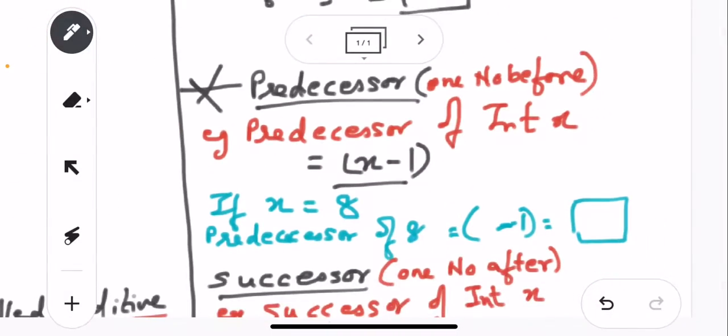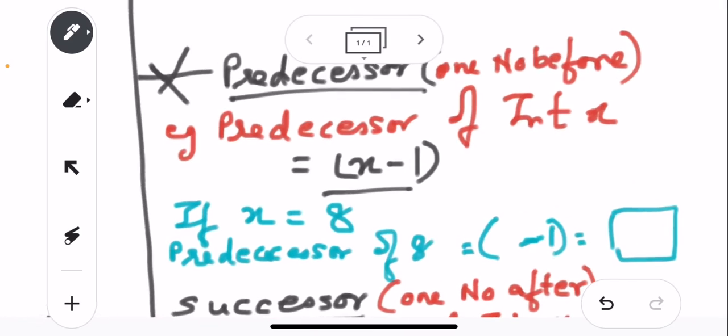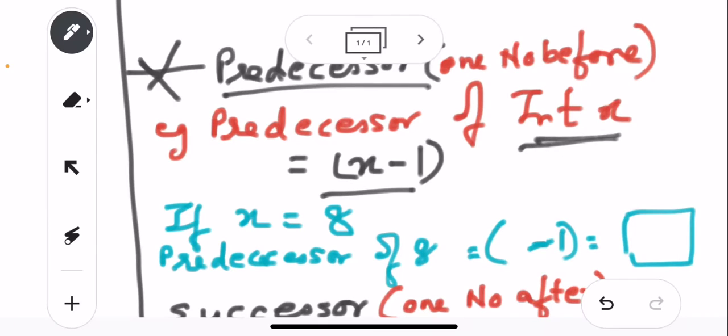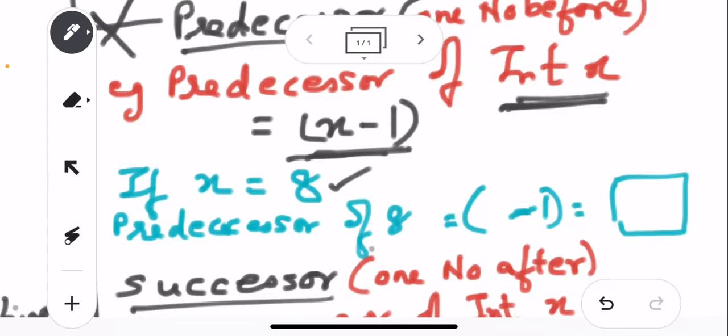Now we already know the words predecessor and successor. Predecessor means previous, the number before, and successor means the number afterwards. So predecessor is the one number before. Suppose x is an integer, the predecessor of x is x minus 1. If I take x as 8, the predecessor of 8 is 8 minus 1, that is 7.